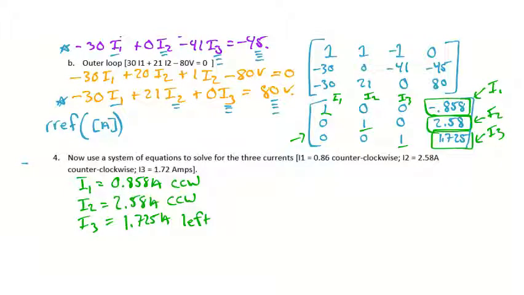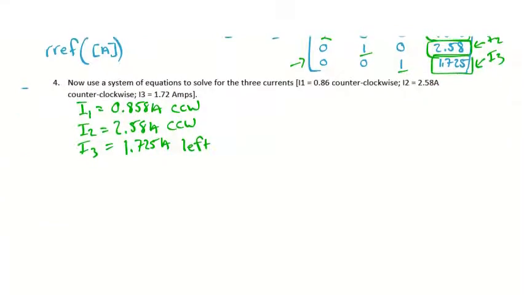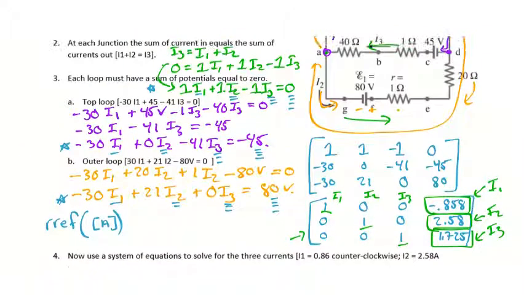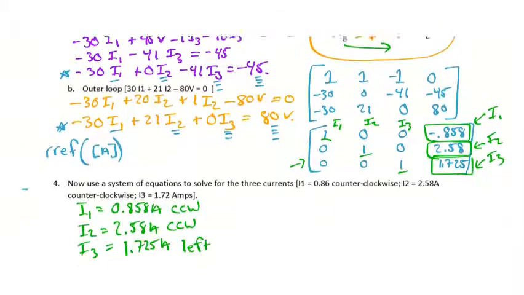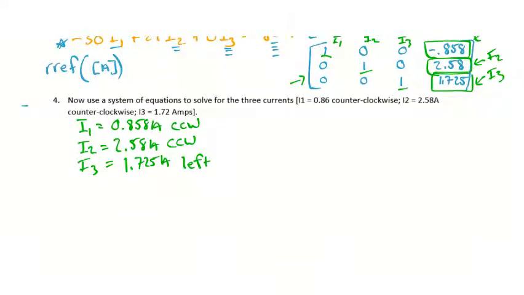And there you have it. We have used a system of equations and matrices to figure out what the current was in every part of this circuit. So that is a very useful application of the junction rule and the loop rule for Kirchhoff. Please refer to your packet for more specifics on the matrix commands in your calculator if you need further clarification.